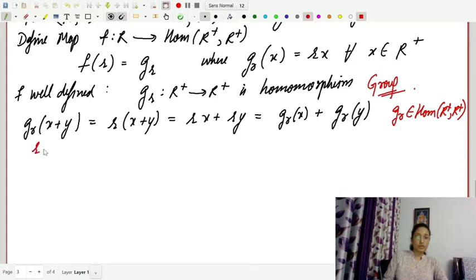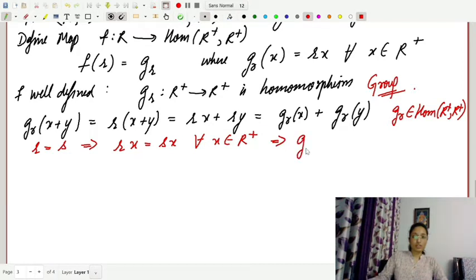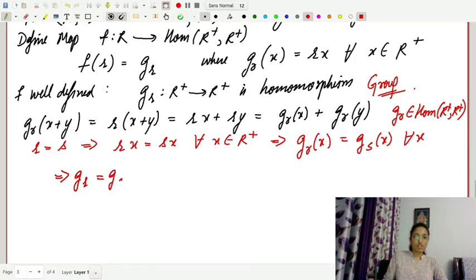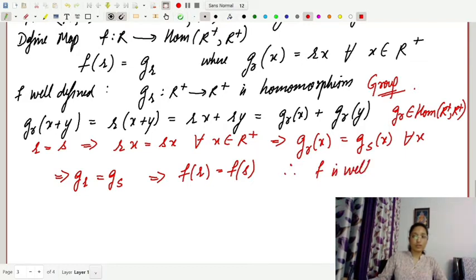Again, for r equal to s, it implies rx is equal to sx for all x belonging to R+, which in turn implies g_r(x) is equal to g_s(x) for all x belonging to R+, which in turn implies g_r is equal to g_s as maps, which in turn implies F(r) is equal to F(s), and therefore F is a well defined map.